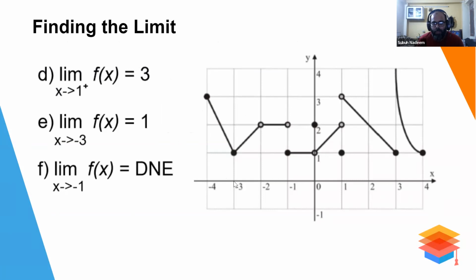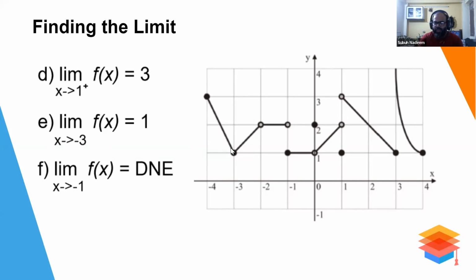Got it? So it's -3. So -3 minus is here, right? When we move up, won't it be touching this line? Yes, it is touching this line, but it is very close to -3. So the output will be 1. It will not be greater than 1.